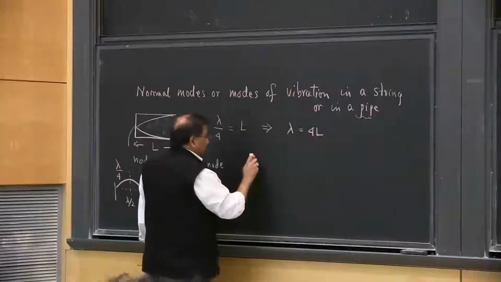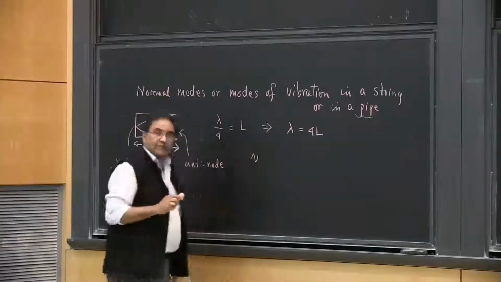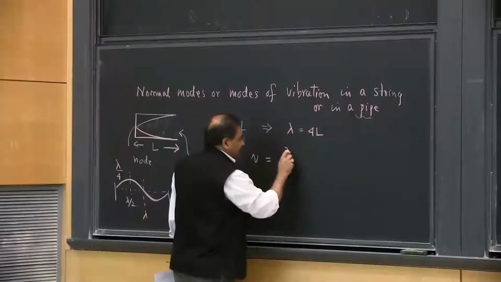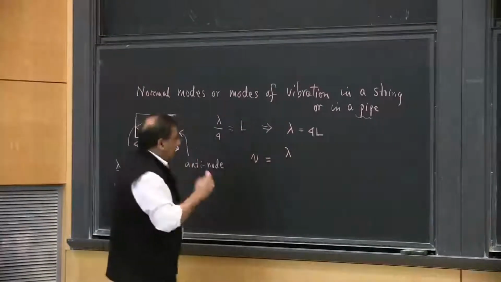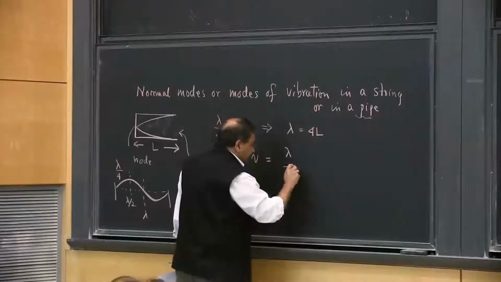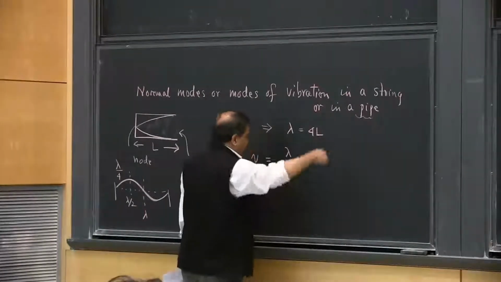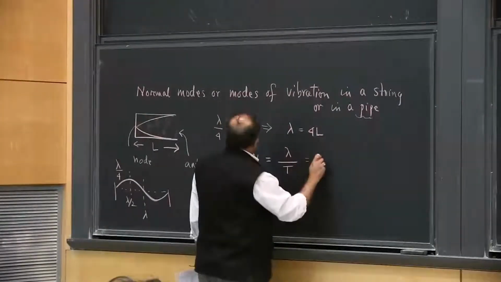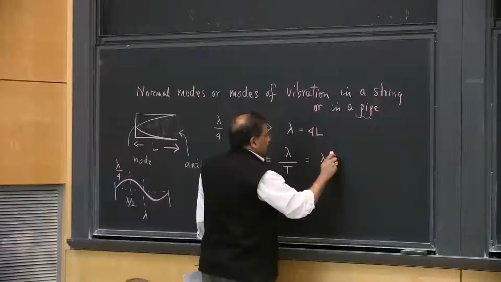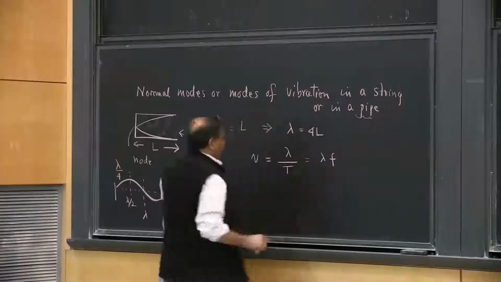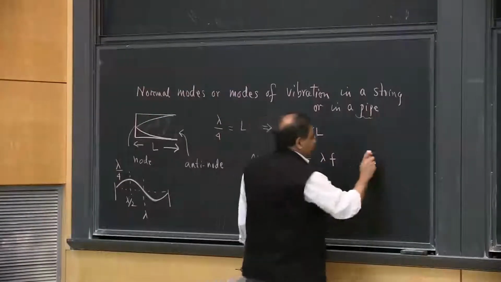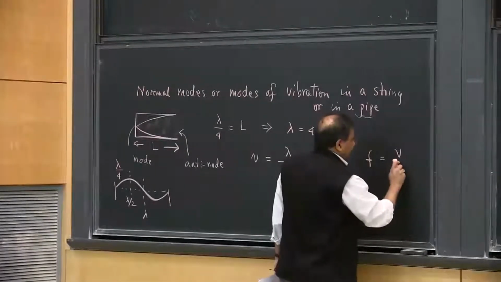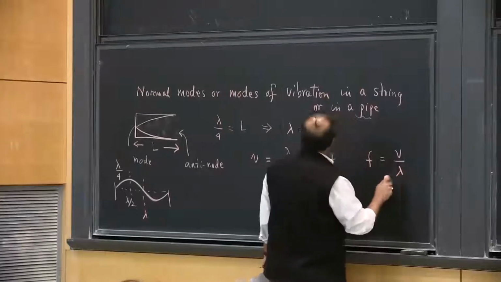And since we know that the speed of a wave, let's say v, is the distance traveled by the wave, that would be lambda, over a period of time, that would be T, the actual period of the wave in which it goes through one full oscillation, we write this as lambda f. So therefore the frequency would clearly be the speed of the wave divided by the wavelength lambda.